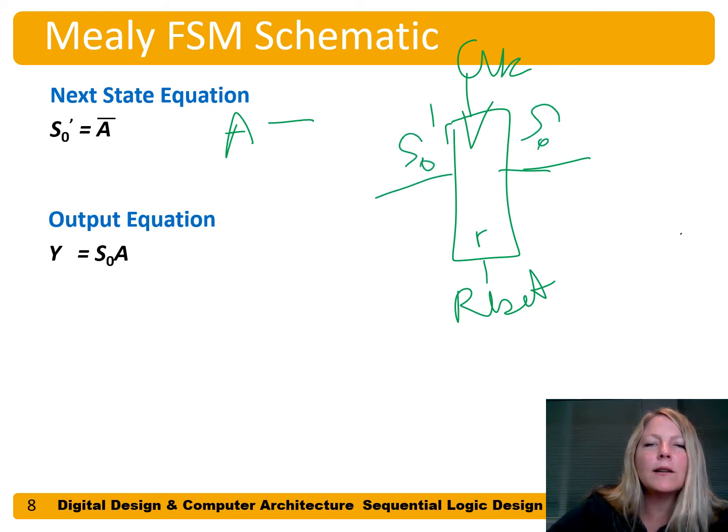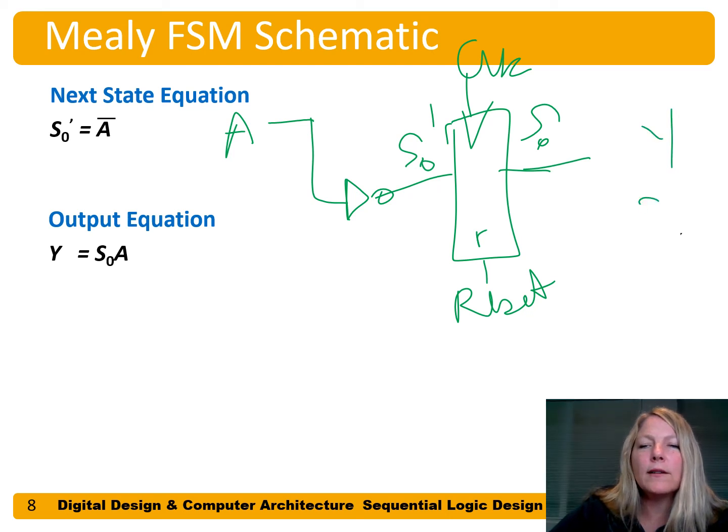S0 prime, the next state bit, is equal to the inverse of A. And Y, or the smile output, is equal to S0 ANDed with A.